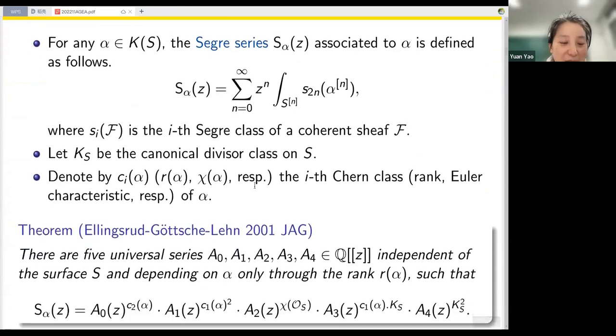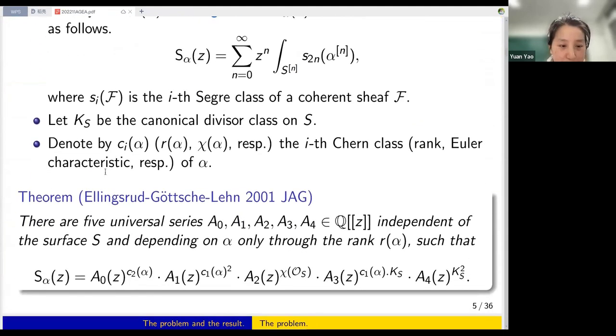Now let us look at this theorem. The theorem is due to Lehn, Marian, Oprea and Pandharipande, in 2001. It says this series can be written in this form. Here A0, A1 are also formal series, and it is not yet known whether they are all rational functions.